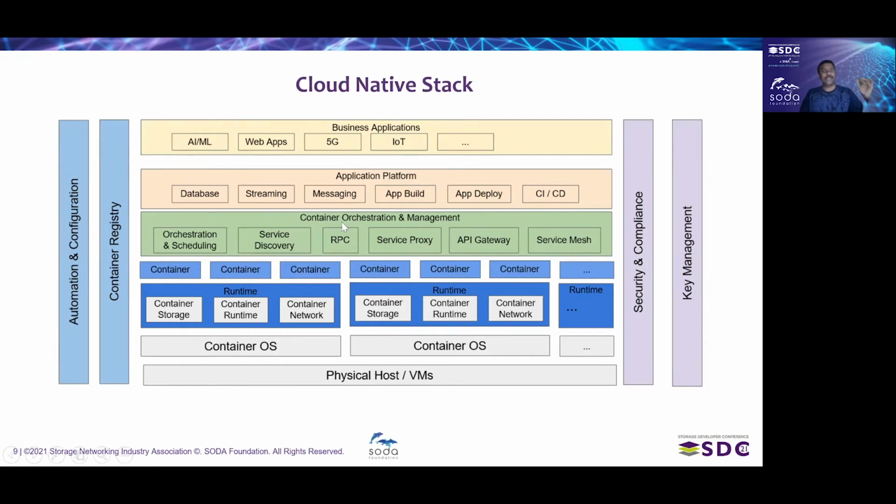And below, it is container orchestration and management, because in a cloud native stack, a container orchestration engine and management has to be there. So orchestration and scheduling is to be there. Service discovery, because most of the features are provided as a service. And RPC, service proxy, API gateway, service mesh, all these things are elements of container orchestration and management.